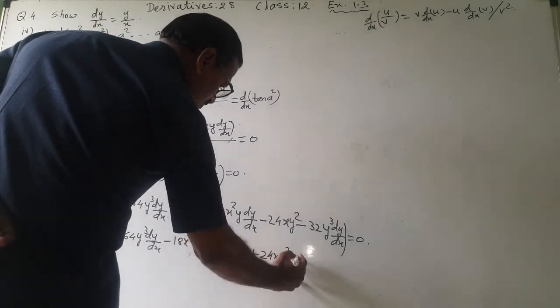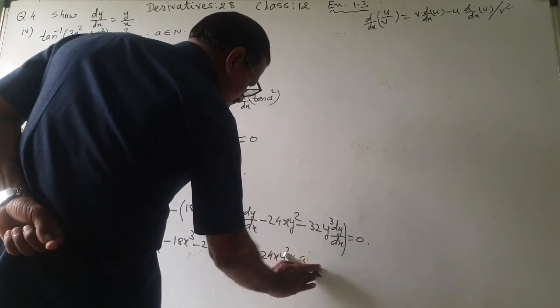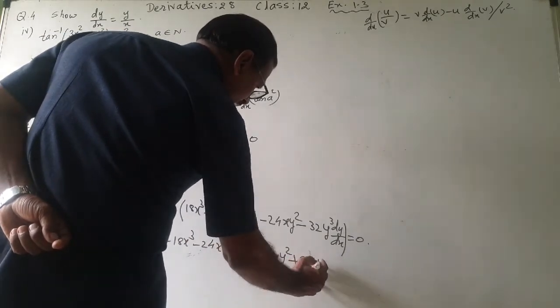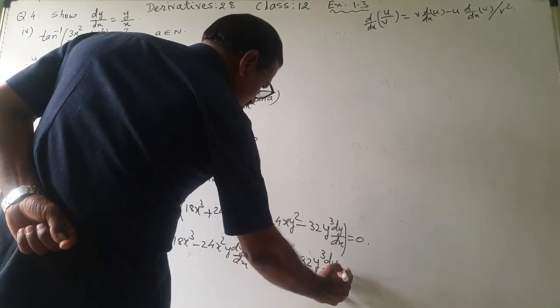This also will be plus 32 y cube dy by dx, and that is equal to 0.